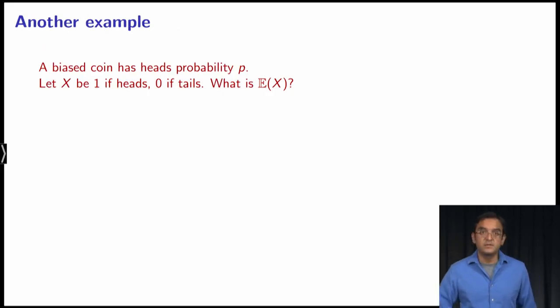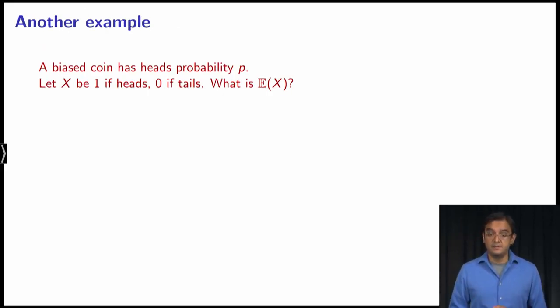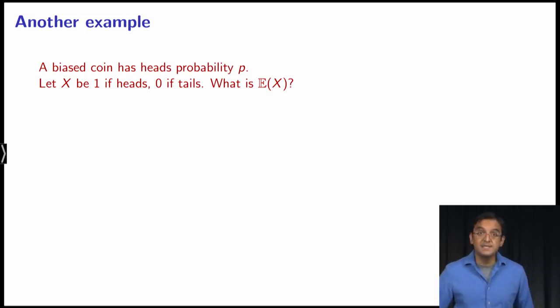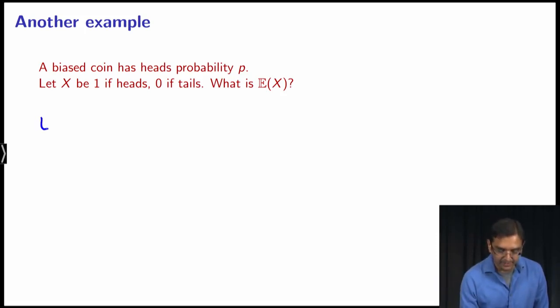Let's do another example. So this time you have a coin, but it's a biased coin. So the chance that it comes up heads is some number p in the range 0 to 1. So you flip this coin, and the random variable x is 1 if the coin comes up heads, and 0 if it comes up tails. So what is the expected value of x?